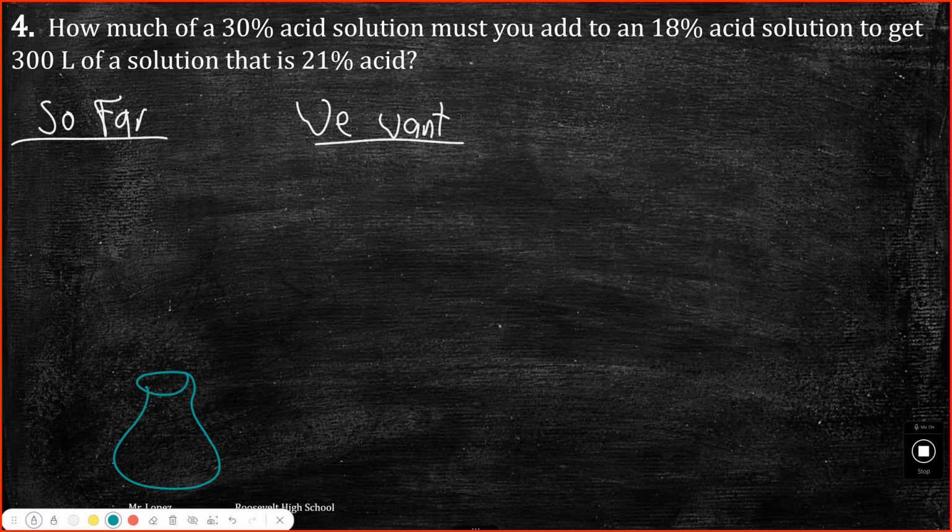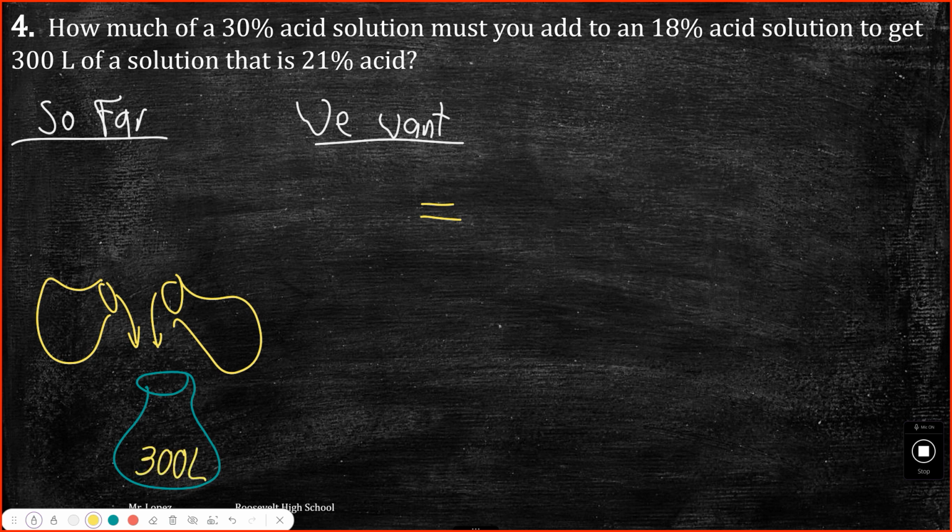What we have is some solutions here that we're going to mix to get this. So we got to go straight to over here, and what is the thing we want to get here? We want to get 300 liters, no? That is 21%? So that's what we want to get.